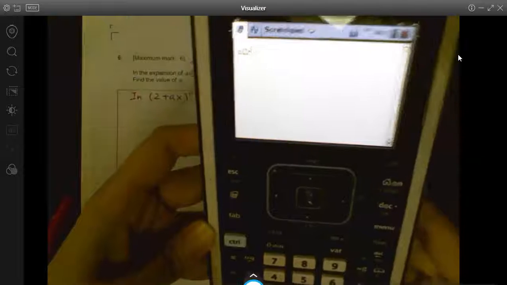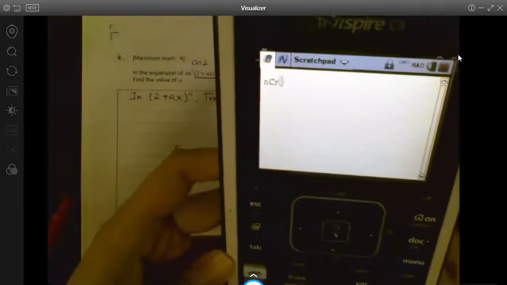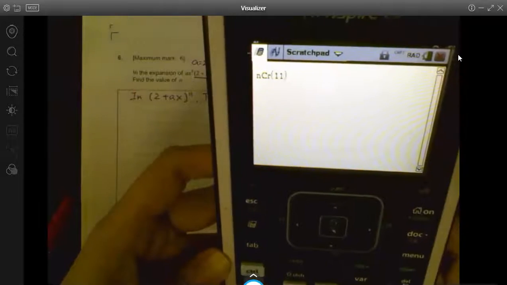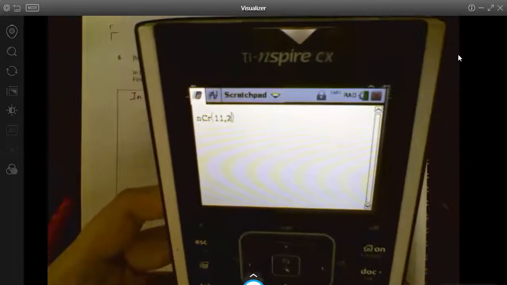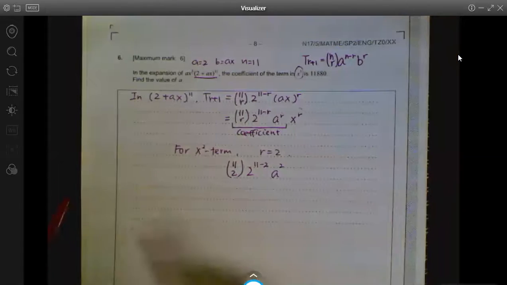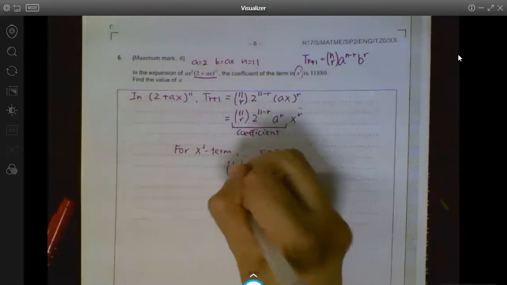So you will see this, which you will then have to put 11, comma is here, 2, if you want to get 11C2. Press enter, 55. So now this number would be 55.